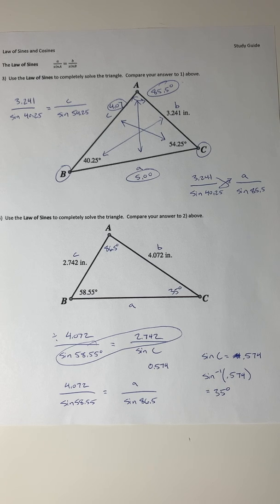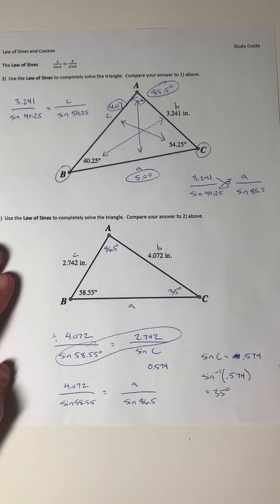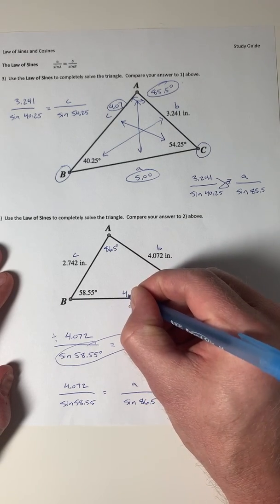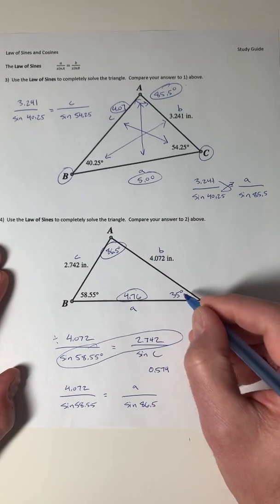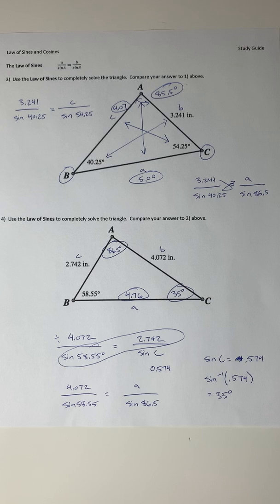All right, so here we have the sine of 86.5 multiplied by 4.072 and divided by the sine of 58.55. And that gives me an answer of 4.76. And then this problem is done.